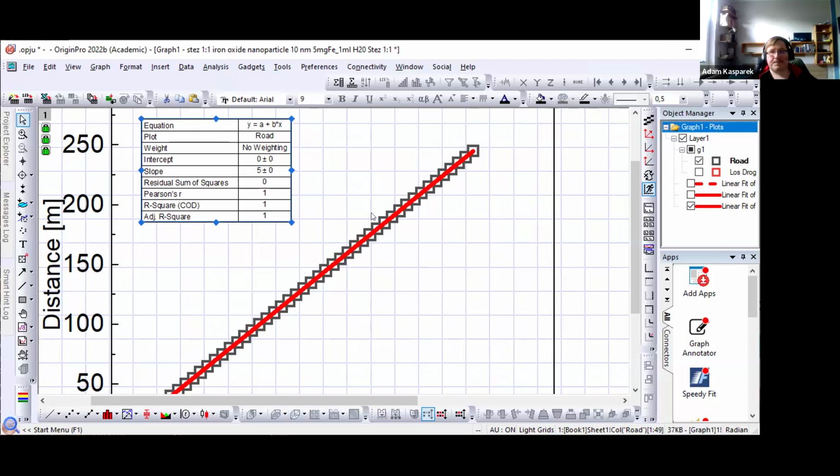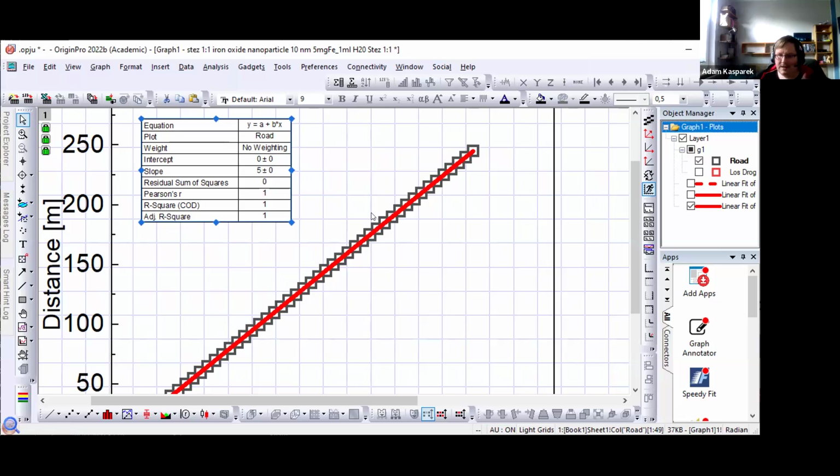For example, if we fit an absorbance spectrum achieved from molecular dynamics and compare it to the absorption spectrum from the experiment, then even if we have R square around 0.9 or 0.8, it will be very good.